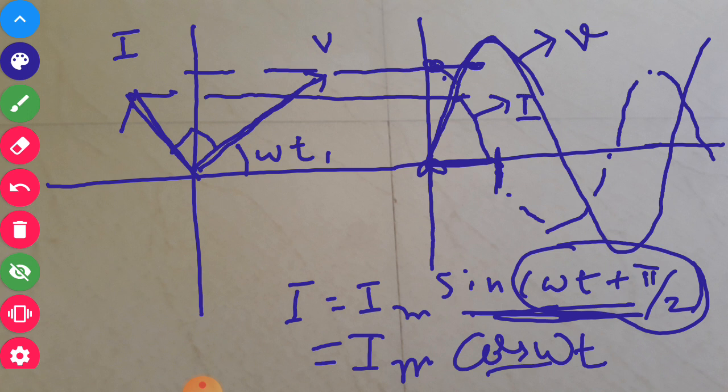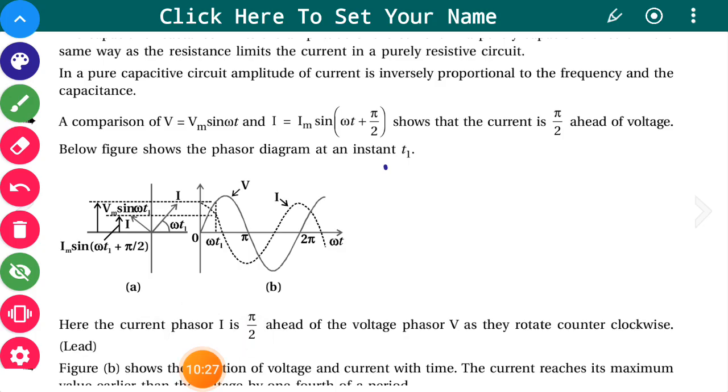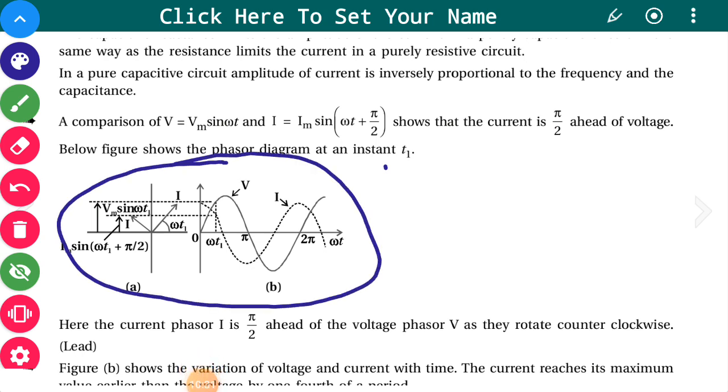This is very easy to draw once you practice it 2-3 times. It is given in the textbook also properly.